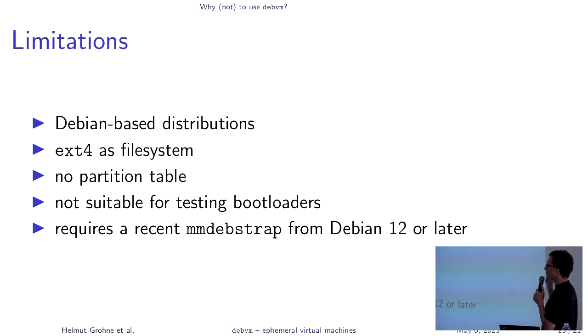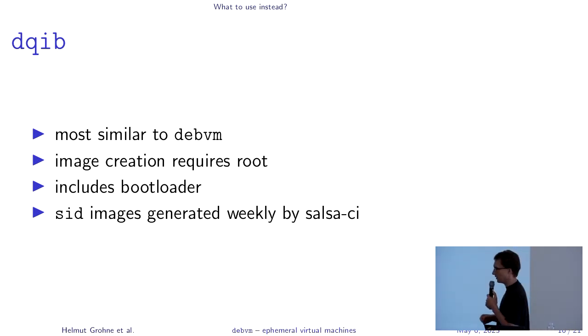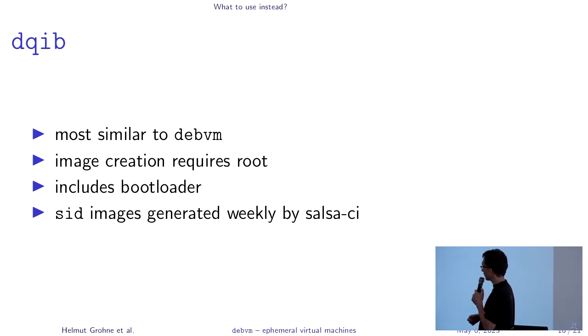So when you don't use debvm, what could you be using instead? The most similar contender is dqib of Johannes. Forgot the other name. It requires root for image creation. It includes a bootloader.